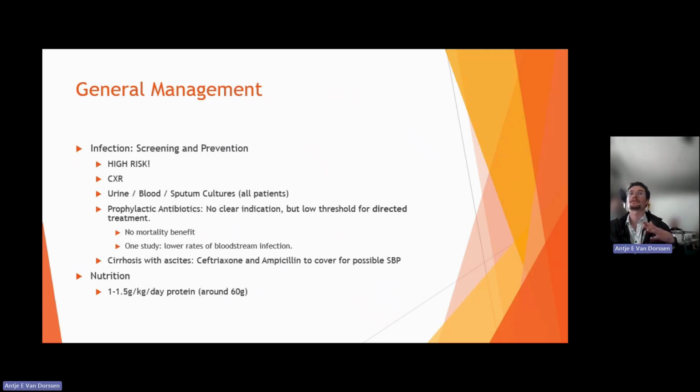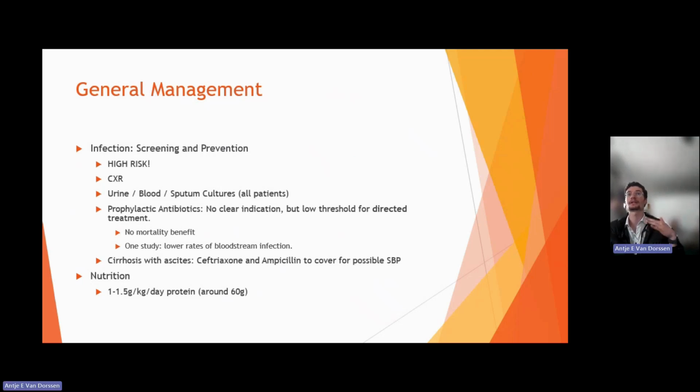Another aspect of general management of these patients is with relation to infection. And I also realized I had an imperfect understanding of this approach. But in acute liver failure, it's more about screening and prevention and early detection of infection rather than giving prophylactic antibiotics.